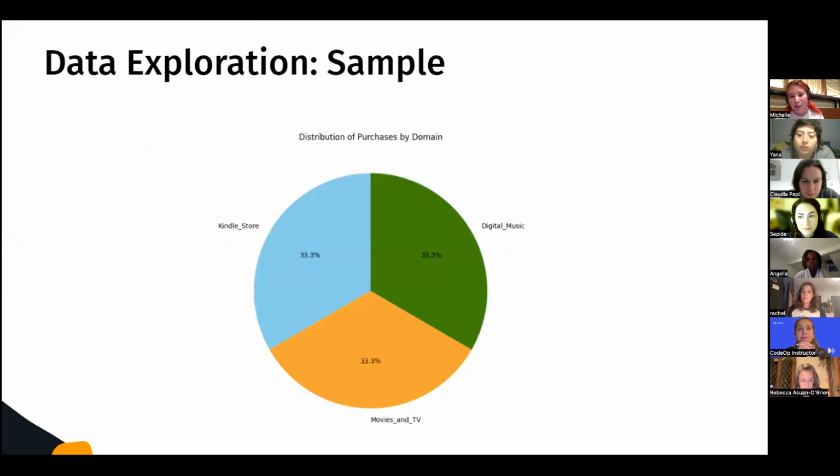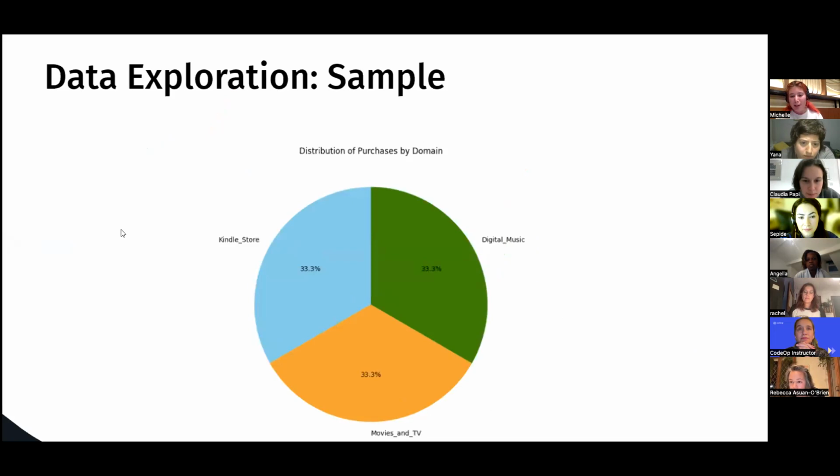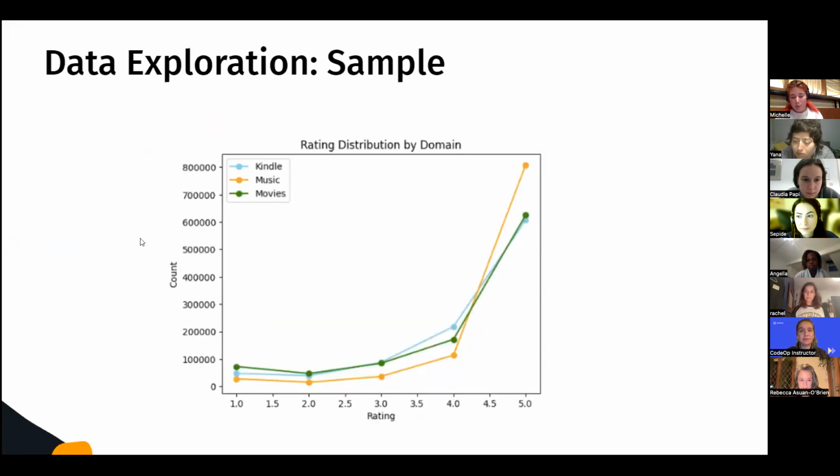Yeah, so now the amount of reviews per domain is the same because we decided to make a balance between books, movies, and music. However, if you go to the next slide, the distribution of the scores is quite similar. Again, quite generous, since most ratings are between 4.5 to 5.